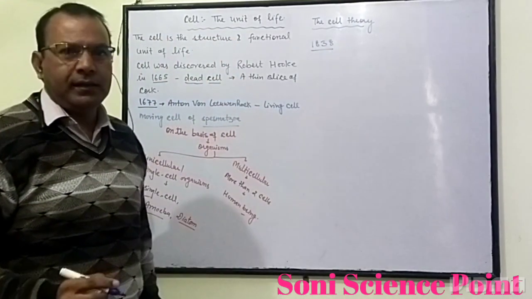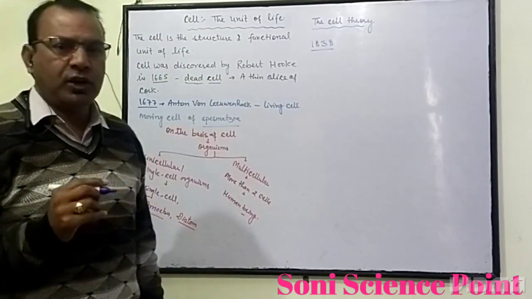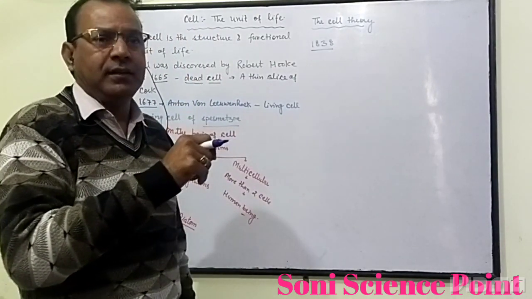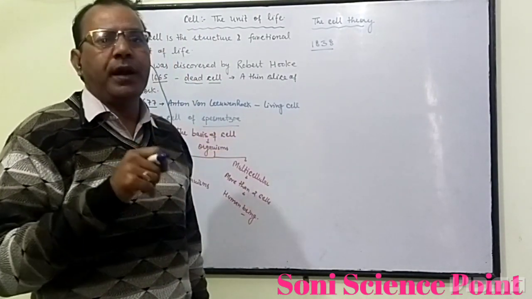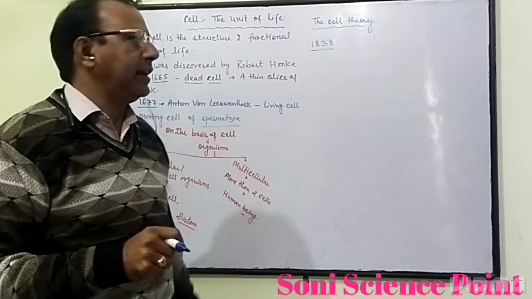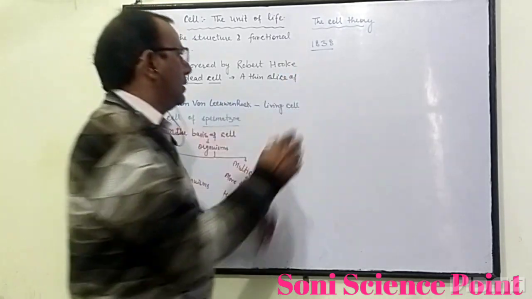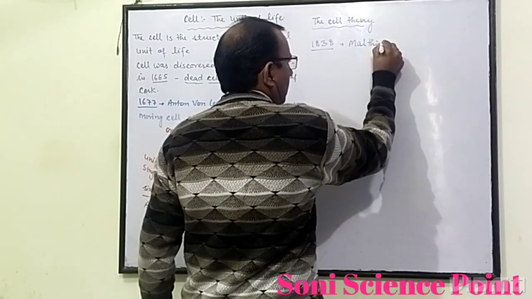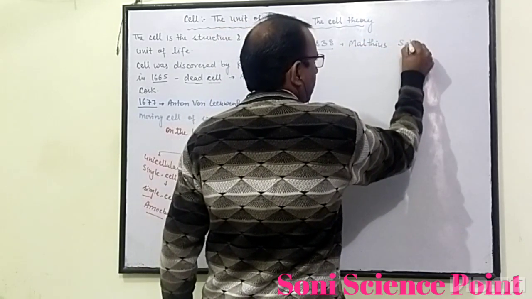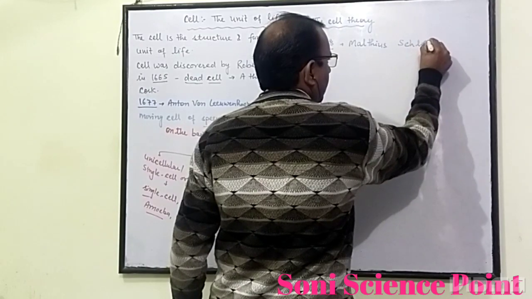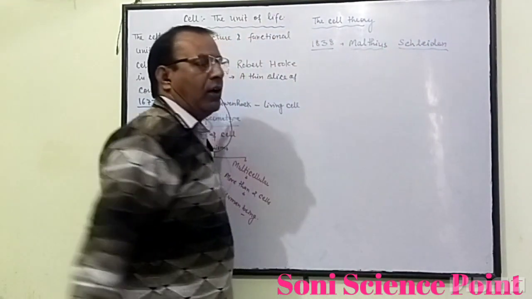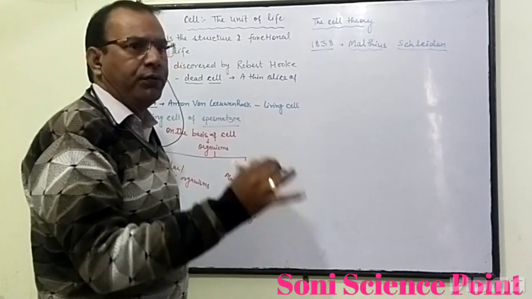In 1838, Matthias Schleiden, a German botanist, proposed that all plants are made up of cells.